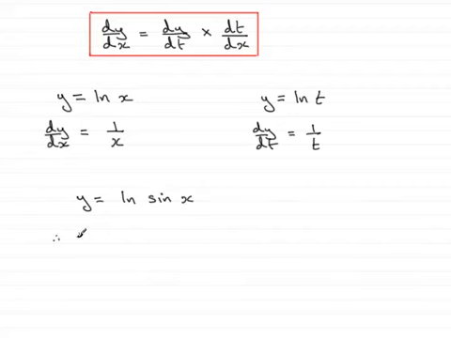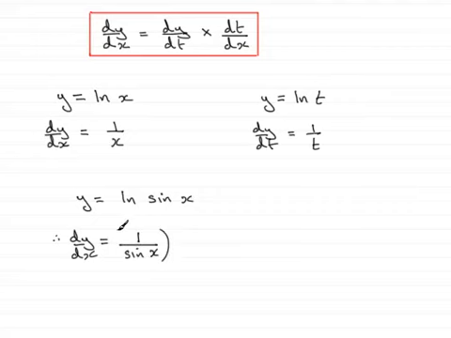Then dy dx would equal, I nominate the sine x to be my single value, in this case t, so I have y equals the natural log of t, and in the chain rule I have to differentiate y with respect to t, dy dt. dy dt is 1 over t, and if t was the sine x, it must be 1 over sine x.